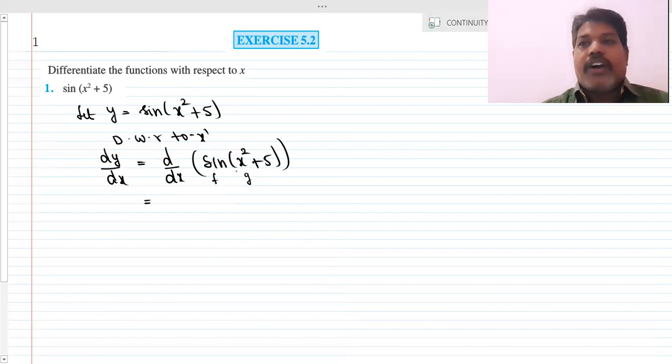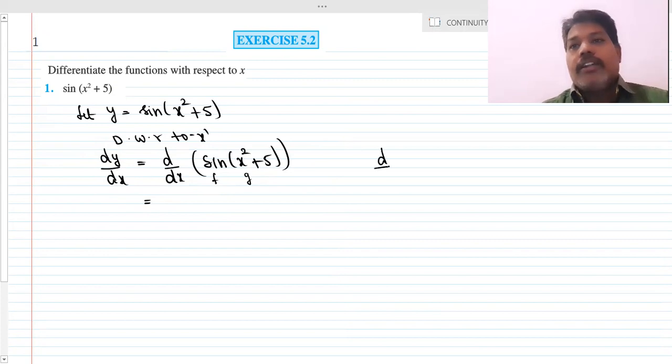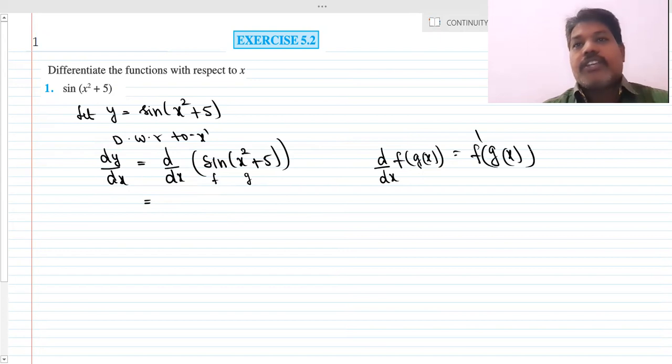What is the formula, students? Derivative of f of g of x is f dash of g of x into g dash of x.